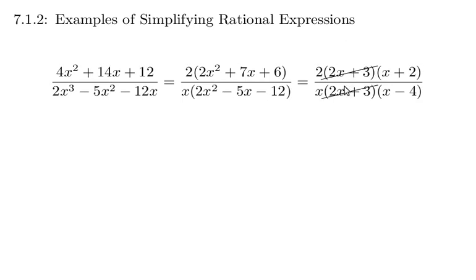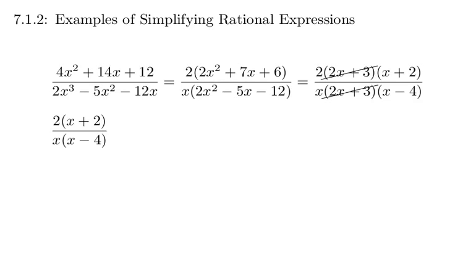So 2x plus 3 is going to be canceled in each case. So I'm going to put this on the next line. This is going to be equal to 2 times x plus 2 over x times x minus 4.